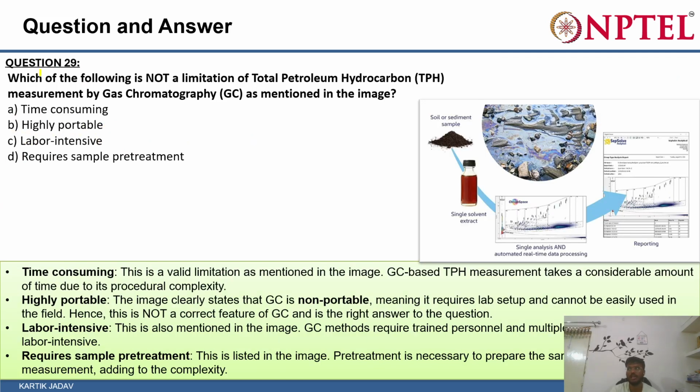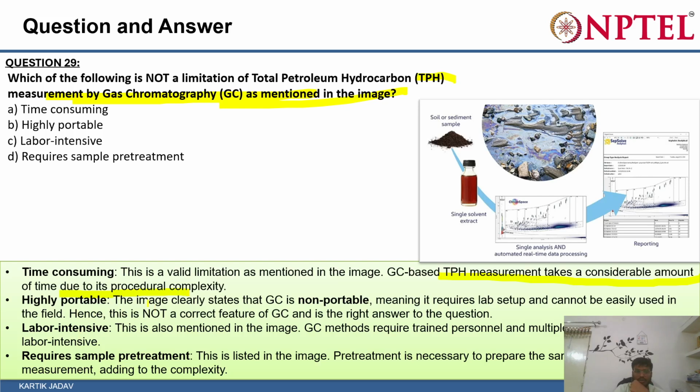Question number 29. Which of the following is not a limitation of total petroleum hydrocarbon, that is TPH, measurement by gas chromatography as mentioned in the image? It is time consuming. So this is a valid limitation, as mentioned in the image: the GC based TPH measurement takes a considerable amount of time due to its procedural complexity.